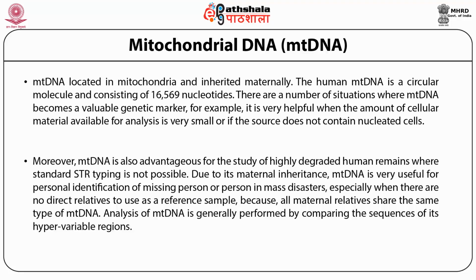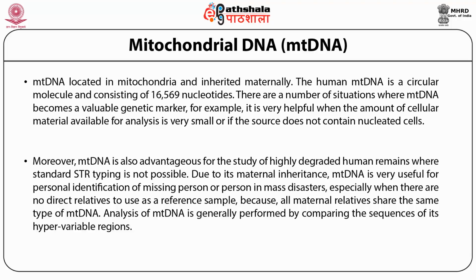Due to its maternal inheritance, mitochondrial DNA is very useful for personal identification of a missing person or persons in a mass disaster, especially when there are no direct relatives to use as a reference sample, because all maternal relatives share the same type of mitochondrial DNA.